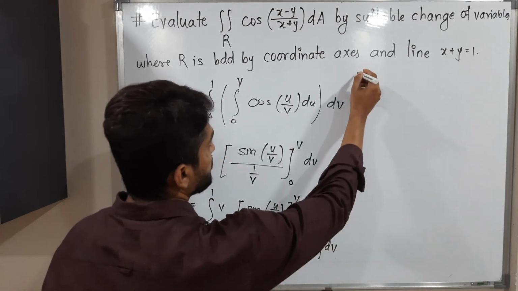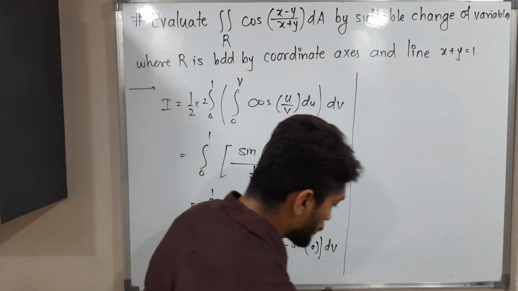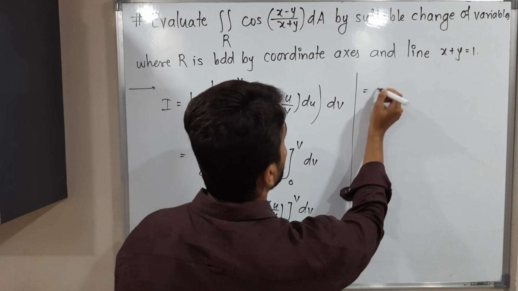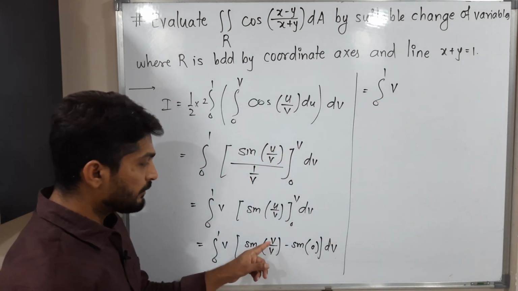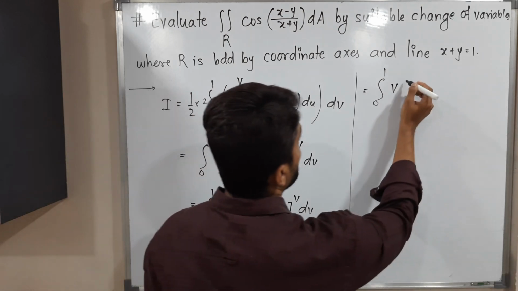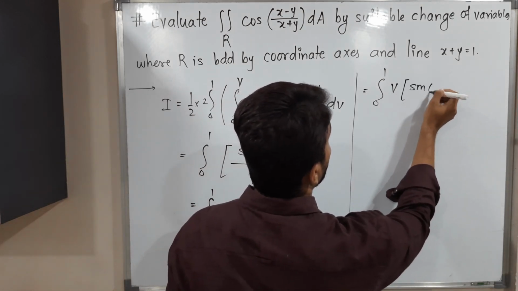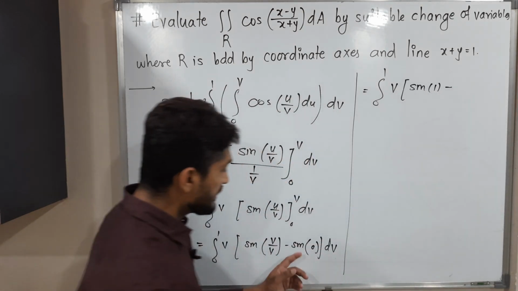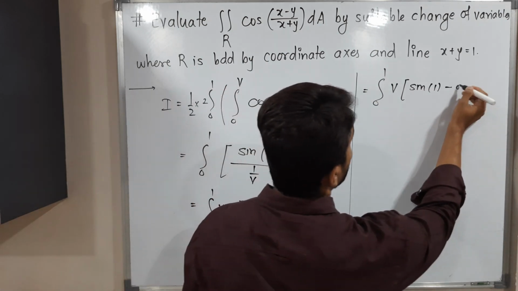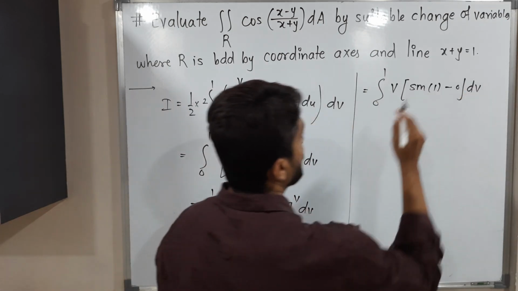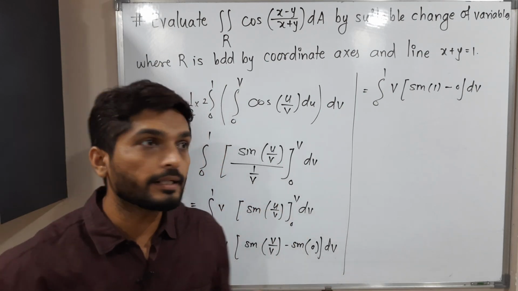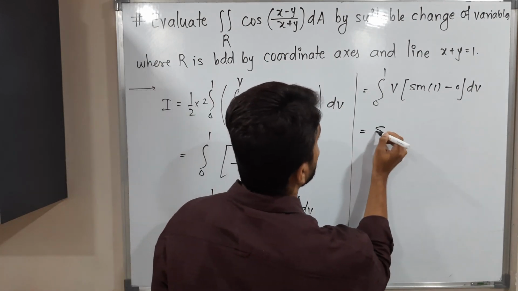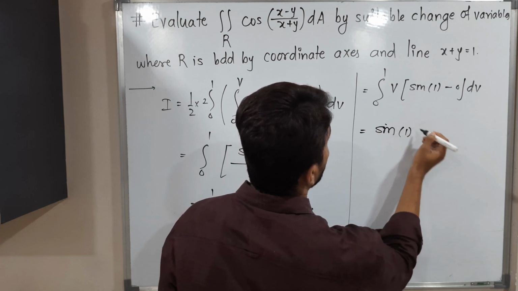Let us solve it here. So this is equal to 0 to 1 v. The v by v will get cancelled and we will have sine 1. Sine 1 minus sine 0 is 0. We don't know the value of sine 1 and basically it is a constant, so it will come outside the integration. v is there.